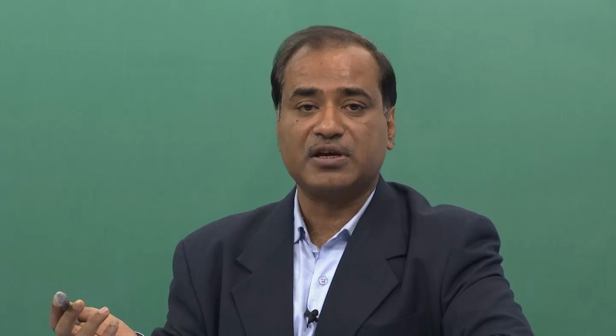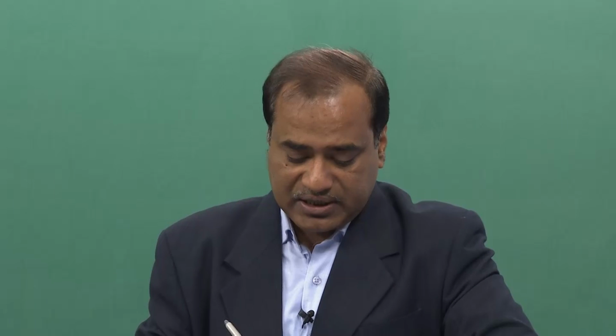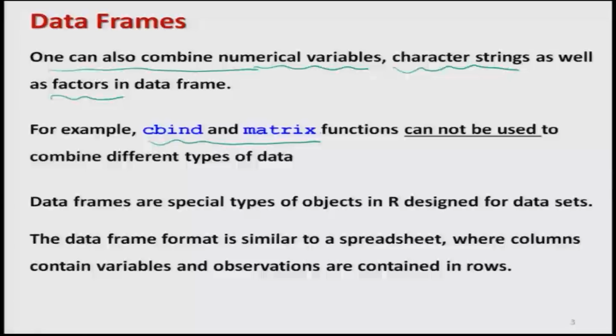And the fourth column can be gender, male or female. So that is a factor. All these things are possible in a data frame. All different types of data can be combined under the structure of a data frame. Whereas if you compare the data frame with the matrix or cbind function, this possibility is not available. The cbind and matrix functions cannot be used to combine different types of data.